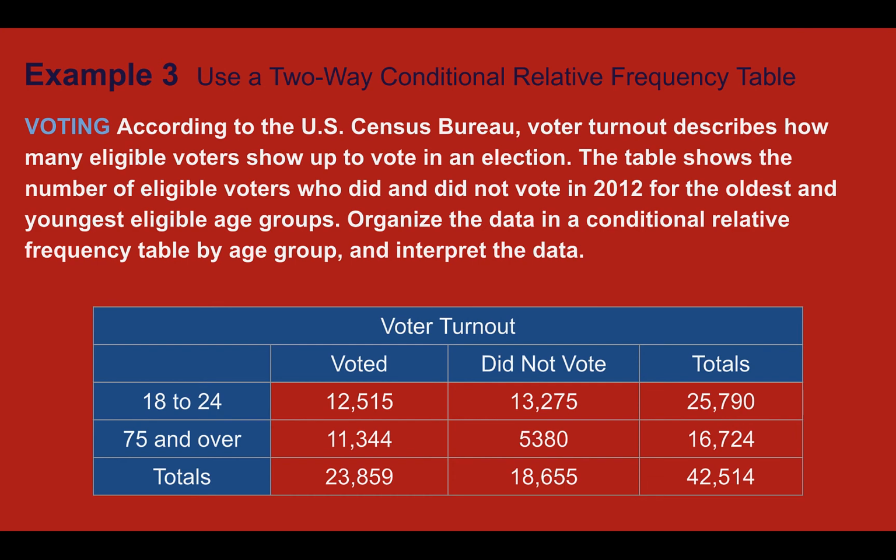So again, as we learned in the Learn section, conditional relative frequencies have two possibilities because it's based on the joint frequency and then one of the totals. So we could take our joint with our total for the age group or the joint with the total for whether they voted. So we just need to figure out which we want.